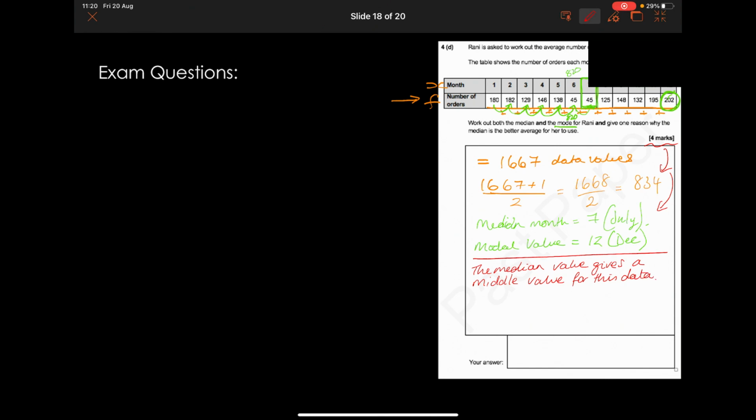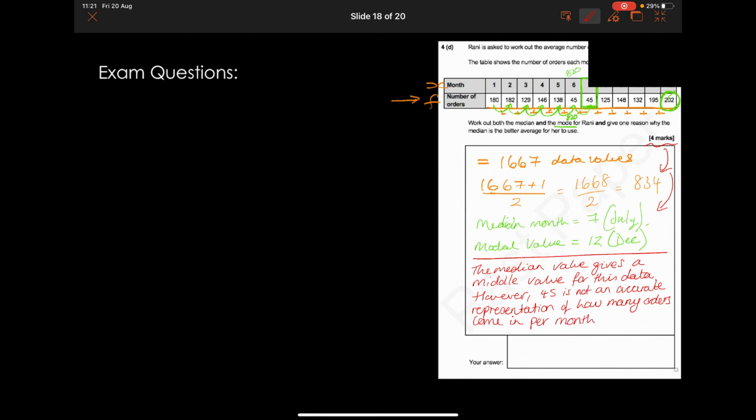Now, a middle value is always better than just choosing one, but then you can say, however, 45 is not an accurate representation of how many orders come in per month.